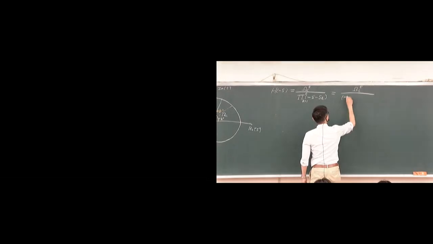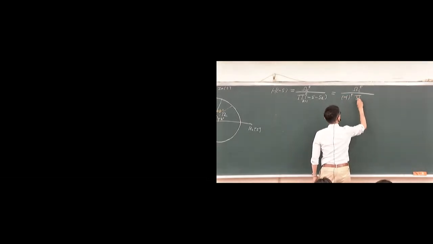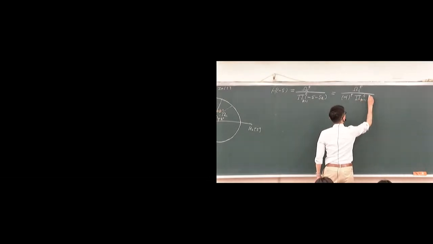So what I'm going to do is keep the top part, but create minus 1 to the fifth power, and inside the product, still going from 1 to 5, it becomes s plus sk.